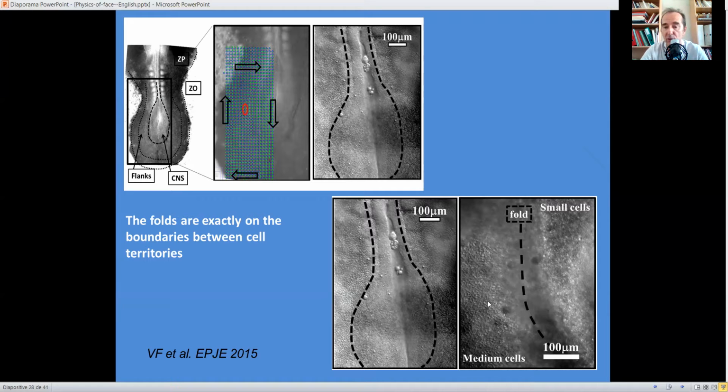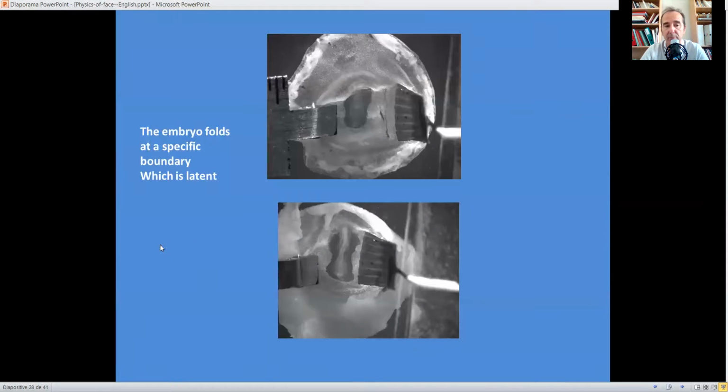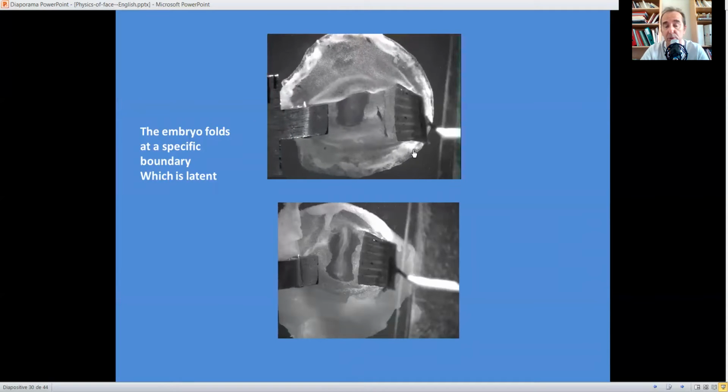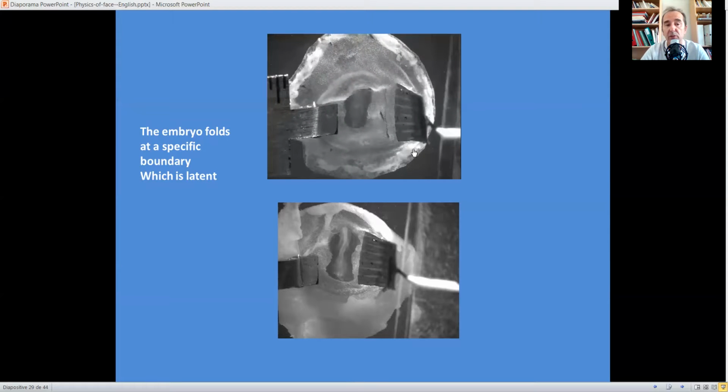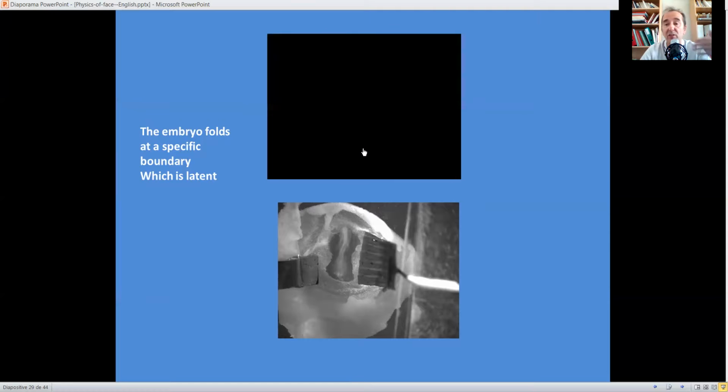But you see that to the left, on the flank, the cells are large, medium-sized, and to the inside, the presumptive neural tube, the cells are small, and the fold folds exactly along the boundary. But in fact, if you take an embryo which has not folded yet and you fold it by brute force, by pulling on it, then you see that the embryo folds at a specific boundary which is latent, okay?